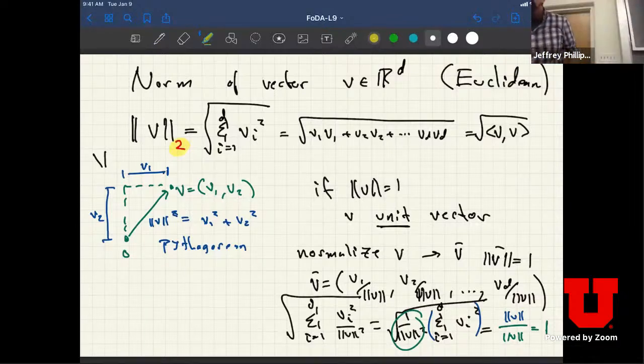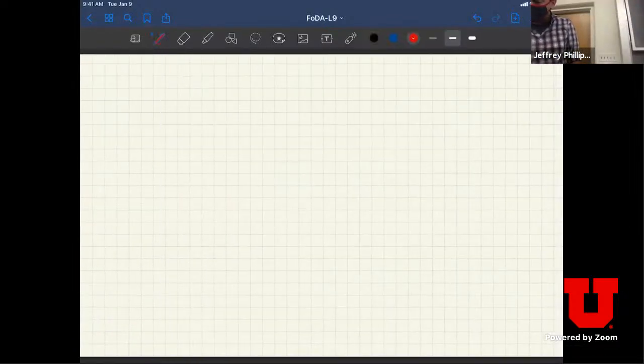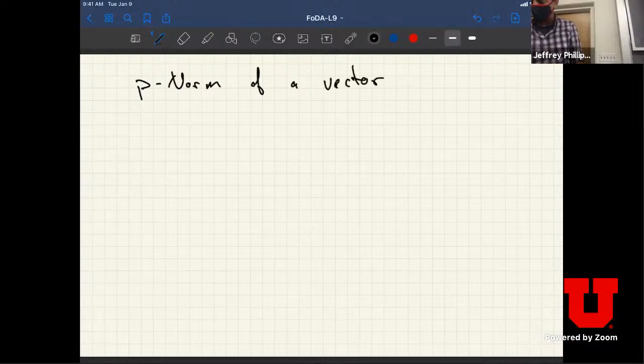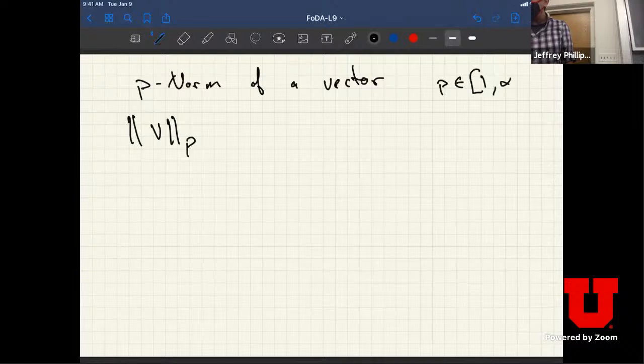Okay, and in general, I can talk about a p norm of a vector, and I'll write a p down here. This is for any p at least 1 and up to, but not including, infinity.